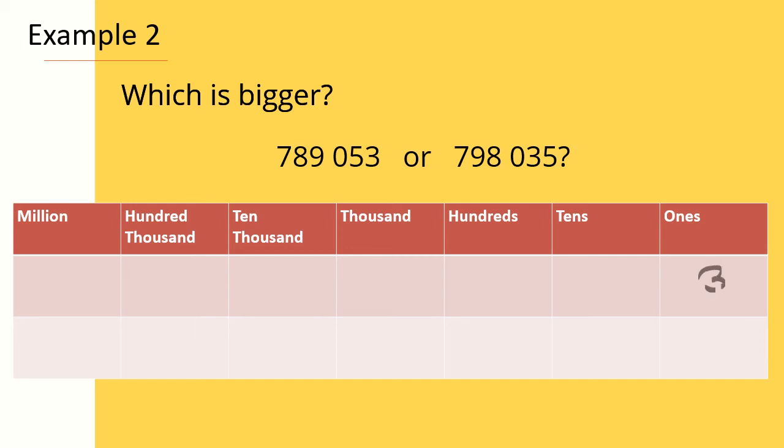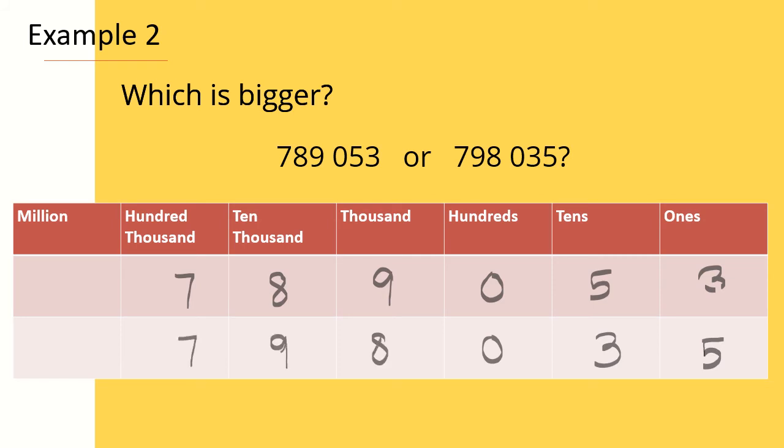So that's 3, 5, 0, 9, 7. That's the first number. The second number starting from the back is 5, 3, 0, 8, 9, and 7.